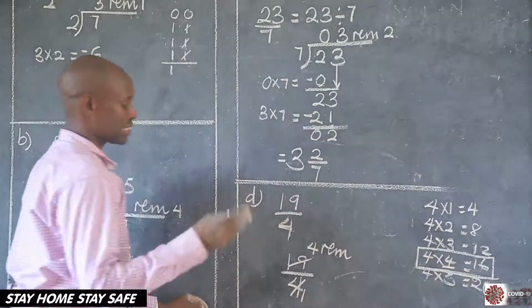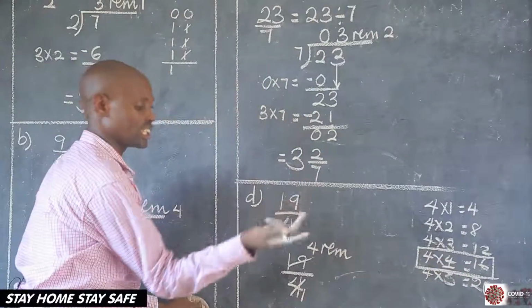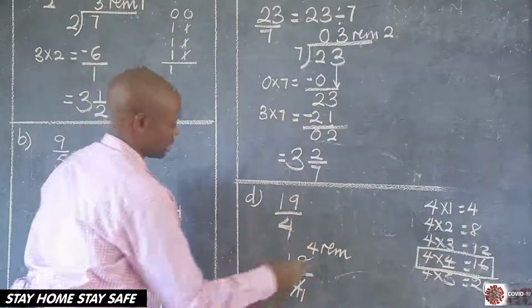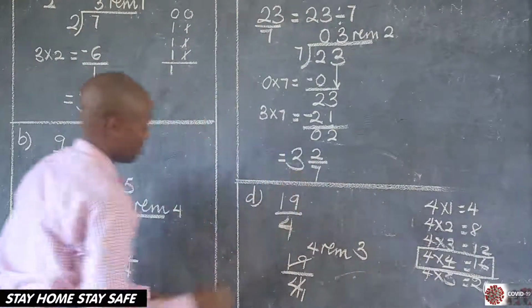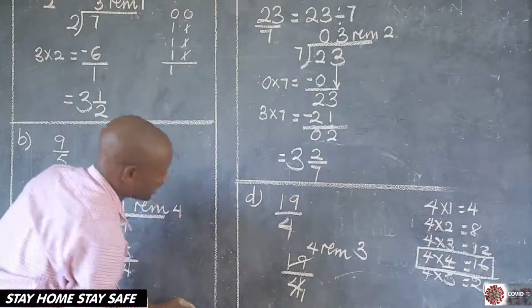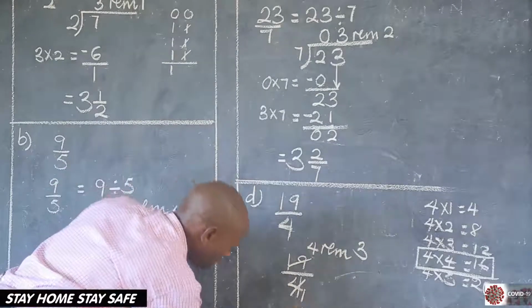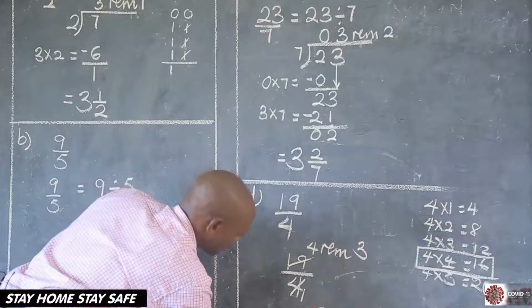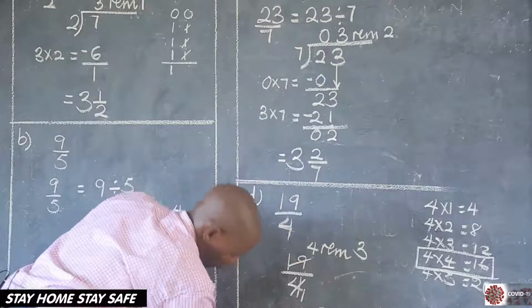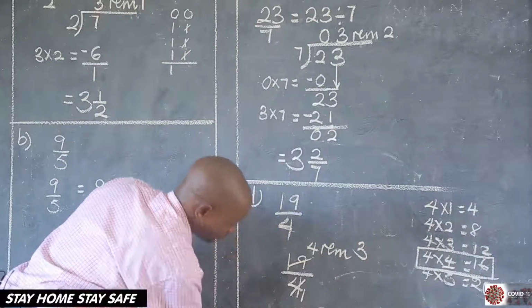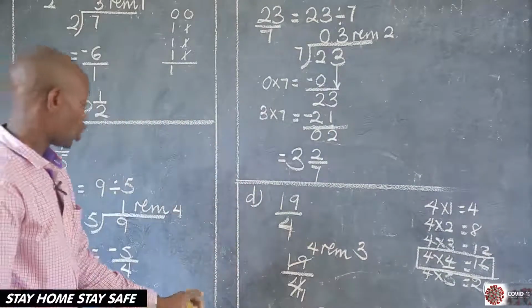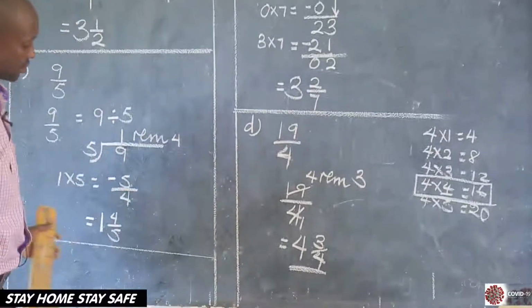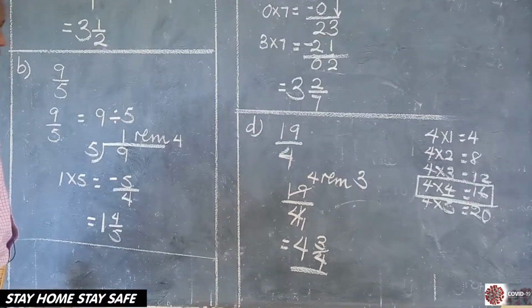It is going to be 16, 17, 18, 19. You add on 3. So the remainder is 3. Therefore, the answer here is going to be 4 whole numbers and 3 quarters.